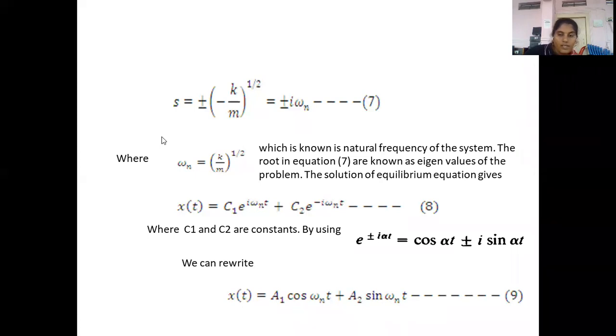So put these values where e raised to i alpha t, put the plus sign, and where e raised to minus i alpha t, put the minus sign. Okay.